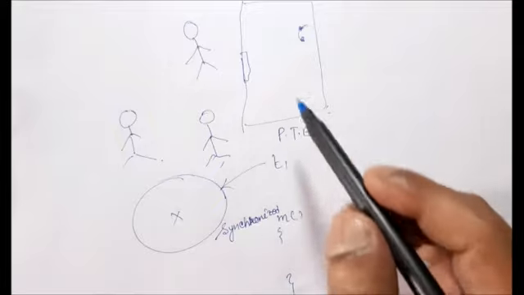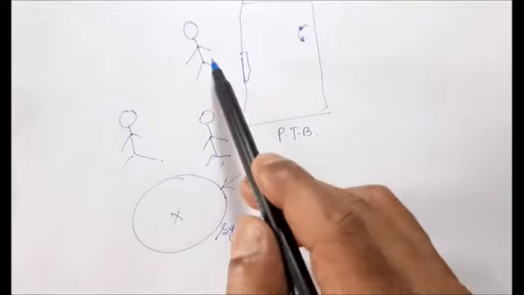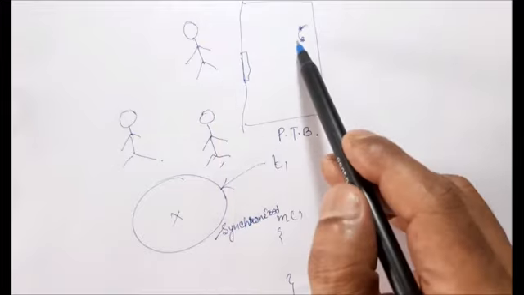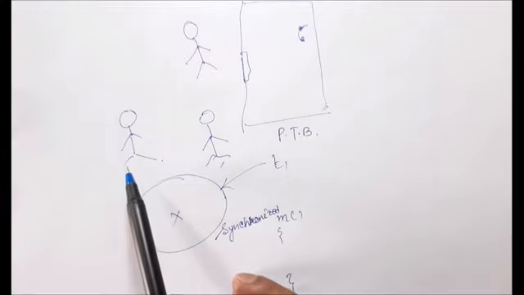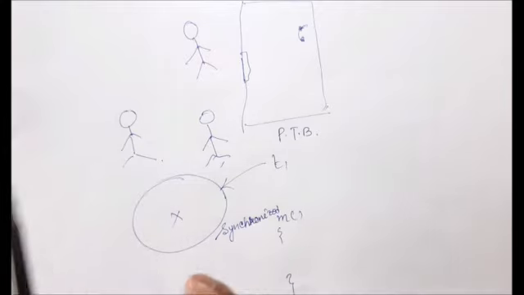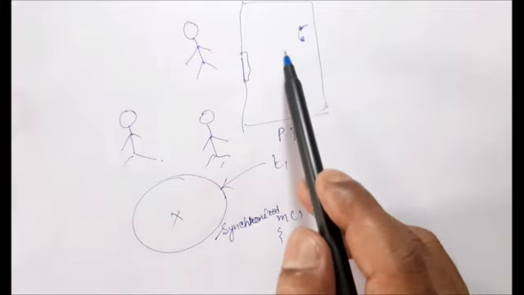Compare with this analogy. When the first person is using the phone, the second person has to wait, so he is in the waiting list because some other person is using the telephone booth.